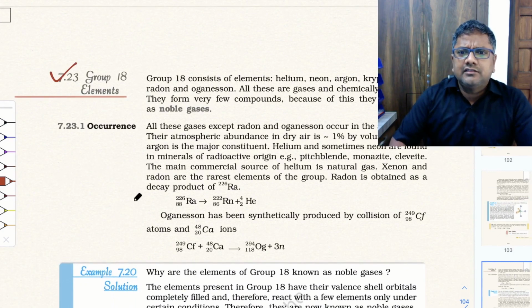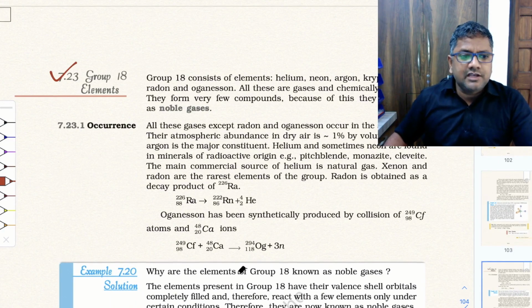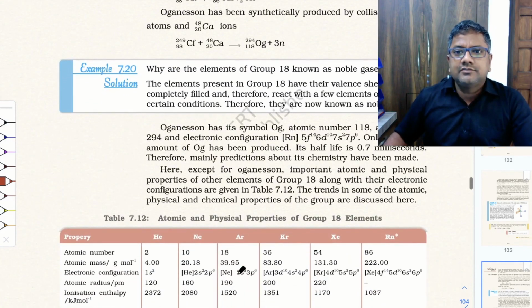Group 18, it is there, and general electronic configuration, occurrence, trends and physical properties and uses, right?